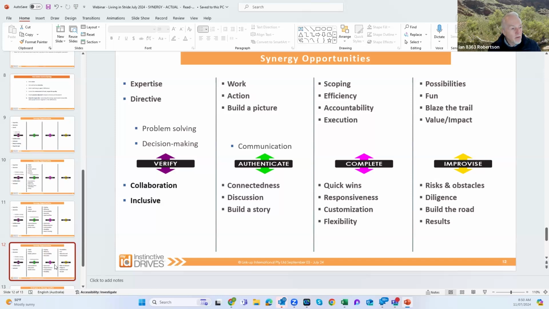Probably a better example: the use improvise might blaze the trail, but if no one then comes and builds the road, then the trail's just going to grow over again. So you've got an approach whereby the two work together and recognize it.